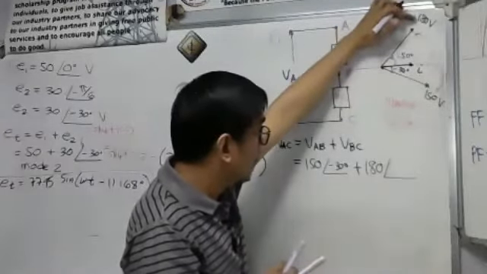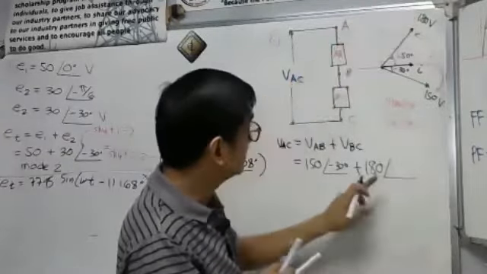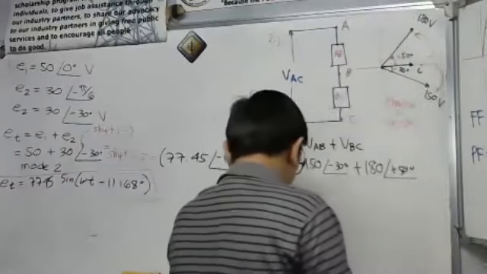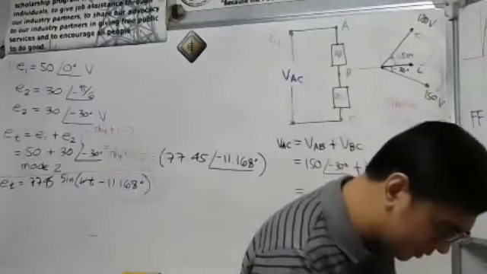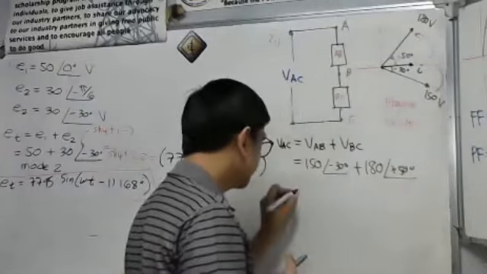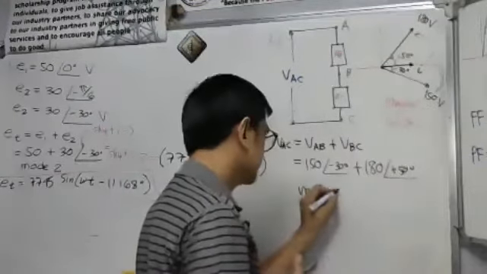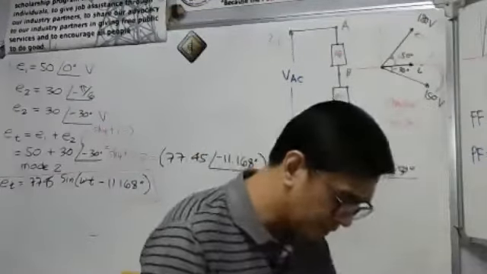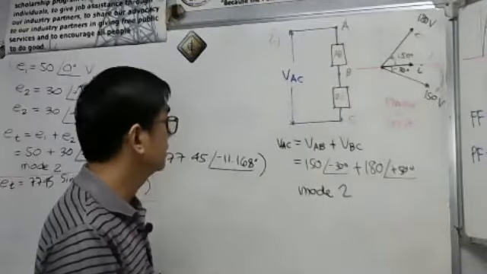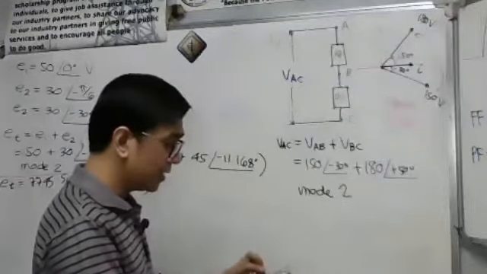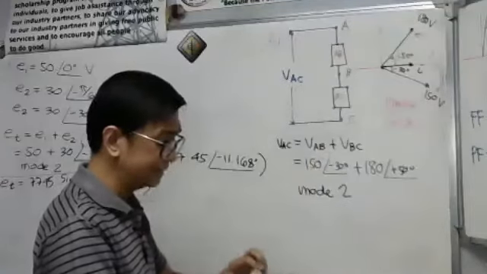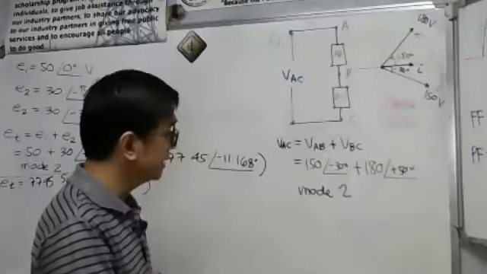So, we have 180. What is the angle? 50 degrees, positive 50. Again, mode 2 in our calculator, just like what we did earlier. Press mode 2 in your calculator. So we have 150, then the angle symbol: to make it appear, you have to press shift, then the negative sign.